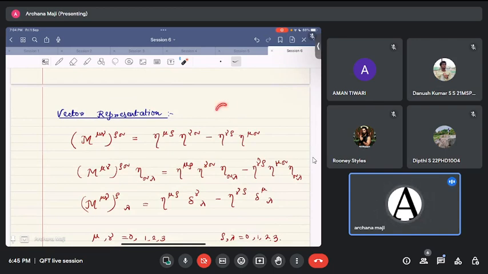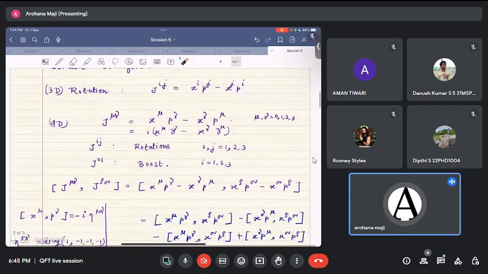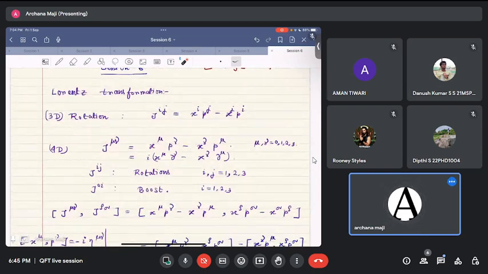But this curly J mu nu with rho sigma index is different from that J mu nu operator you have here, the analog of rotation in 4 dimensions.